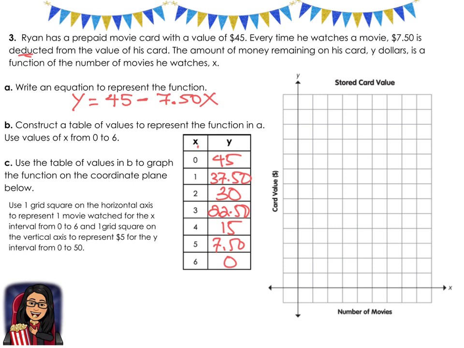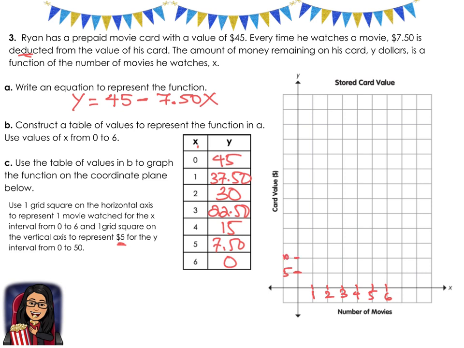So now with the graph, here it says use one grid square for the horizontal to represent the number of movies. So here's 1, 2, right, because these are your 3, 4, 5, and 6. And then we want $5 to represent, so we're going by 5s. So this is 5, right, and 10.